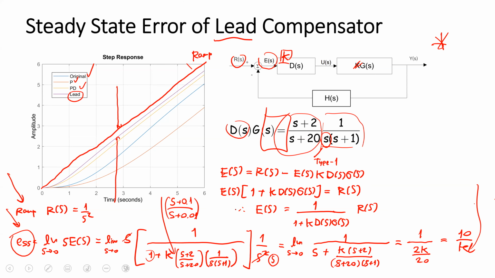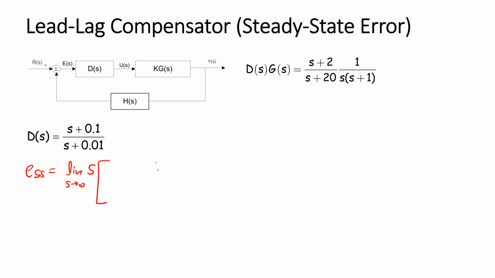One per 1 plus k, and we add the lag compensator, S plus 0.1 and S plus 0.01.